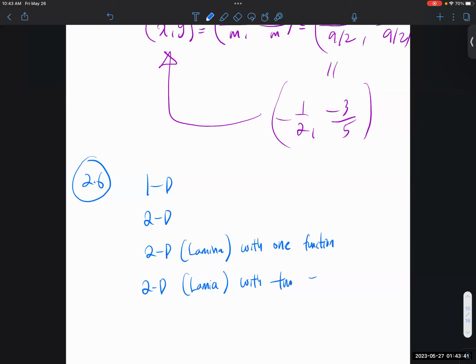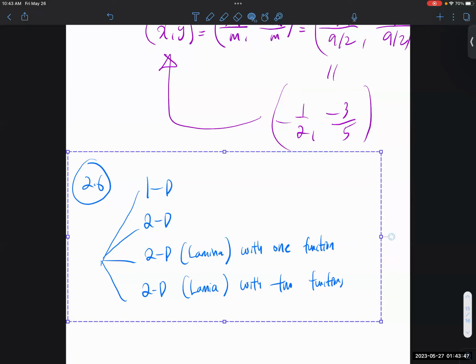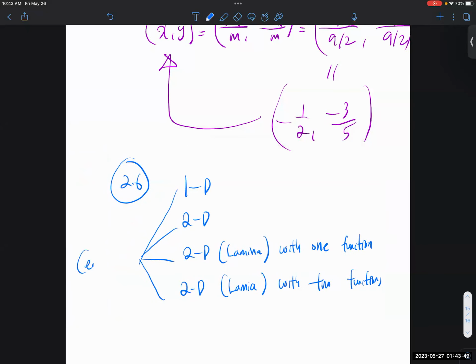And we talked about two functions as well. So you can find the balancing point, the centroid. There's each formula: total moment with respect to x and y, and total mass. Check each formula, and you can complete 2.6.